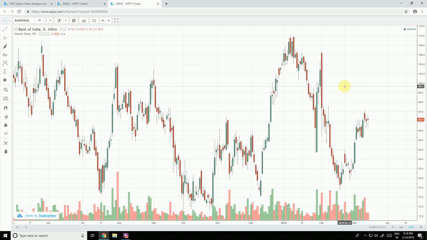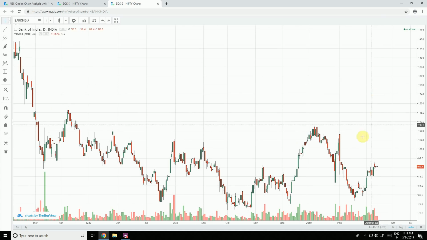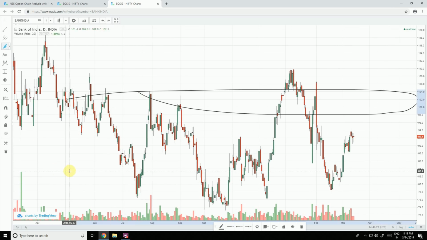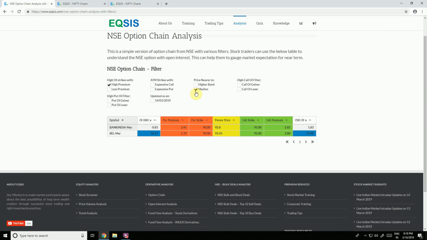100. I think Bank of India got even a strong, because it is trading right inside the range. So in this area we expect some reasonable support. I don't want to get into detail of analysis, but anyway, I hope you got some idea about using this particular combination.